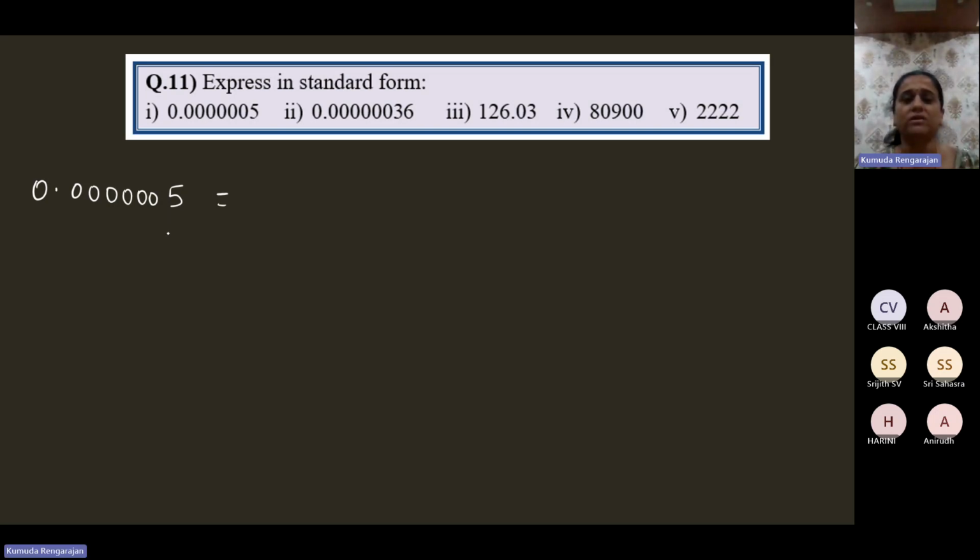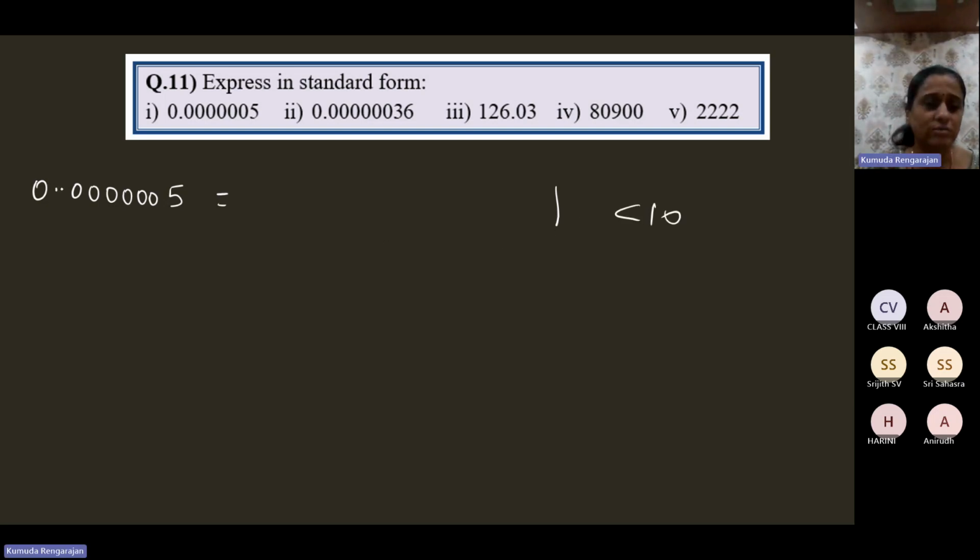Minimum value is 1. It can be 1 also. Maximum value is less than 10. It cannot be 10. Like you can write 9.99, but not 10.